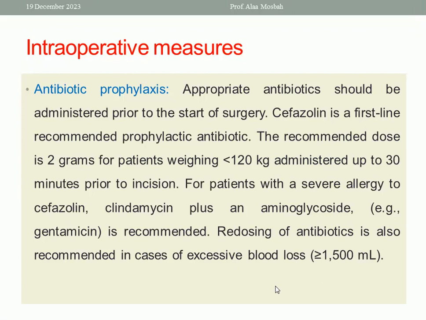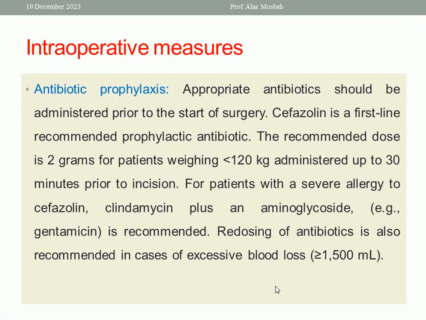Okay? As I said before, administered up to 30 minutes prior to incision. Okay, within 30 minutes from the starting incision. Before starting incision, I mean.